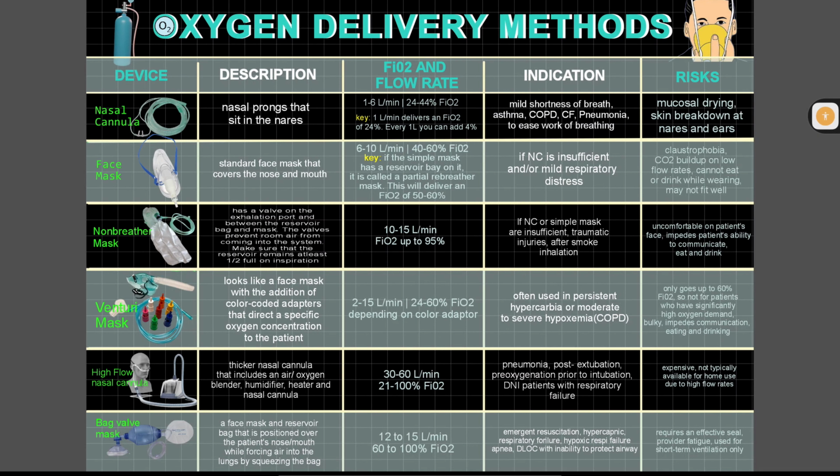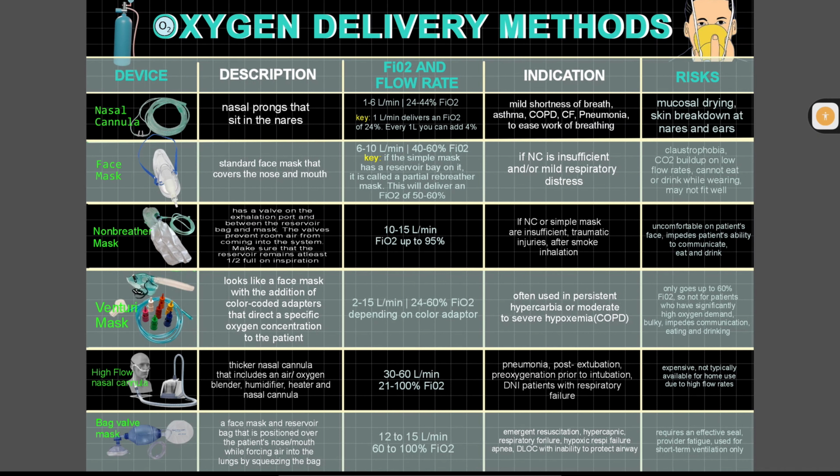Now, we're going to go straight to our topic for today. In terms of the oxygen delivery methods, I'm going to divide this into 5 categories, or as you can see, 5 columns, so 5 chapters.